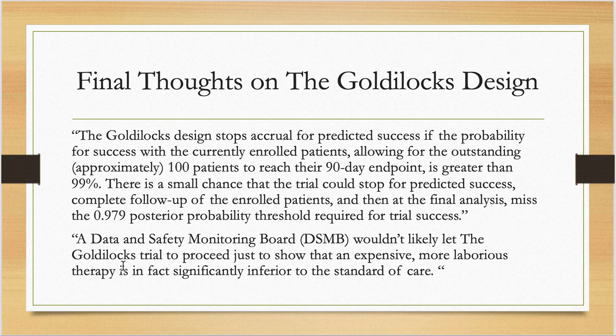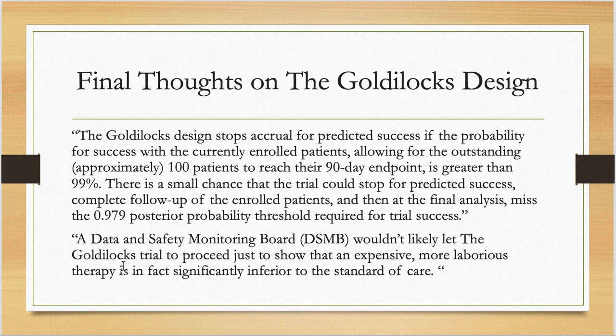So, final thoughts on the Goldilocks design. I use quotes because they said it best, the authors. The Goldilocks design stops accrual for predicted success if the probability of success with the currently enrolled patients, allowing for the outstanding approximately 100 patients to reach their 90-day endpoint, is greater than 99%.